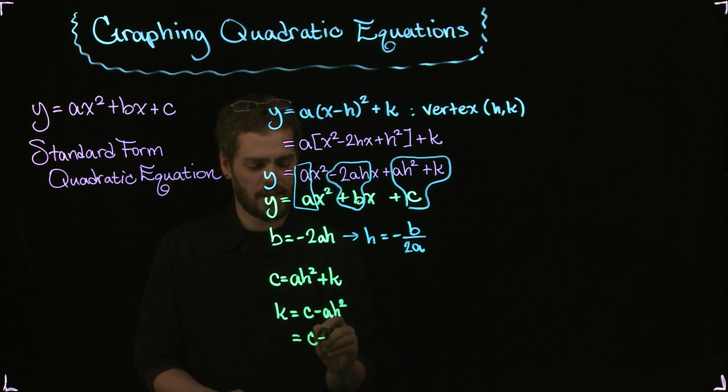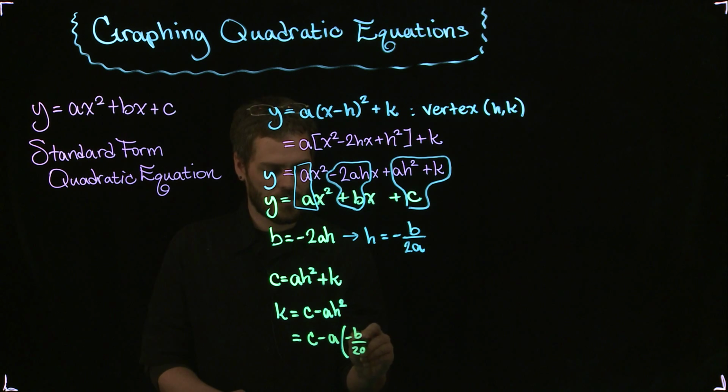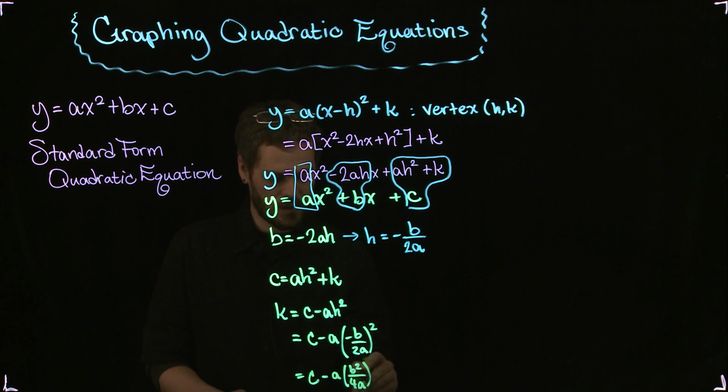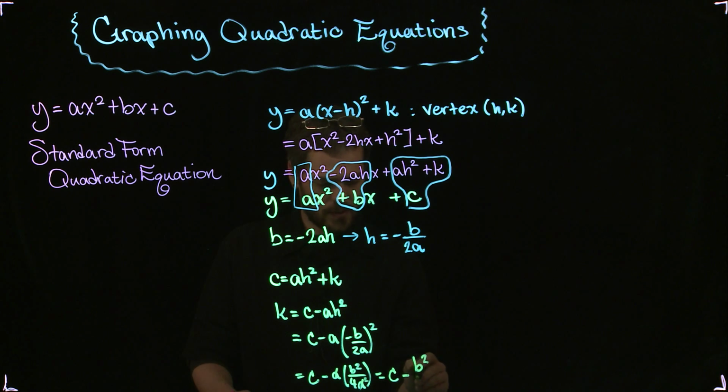So this is c minus a times the h I just solved for, negative b over 2a, quantity squared, which equals c minus a times b squared over 4a squared. After I do the squaring, these a's partially cancel, since it's a squared, and I get c minus b squared over 4a. I still have one a down there.